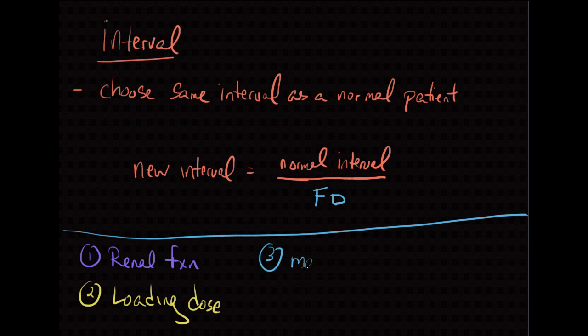And to do that, we had an intermediate mathematical equation. And that was the fraction of the loading dose. That's right here, fraction of the loading dose. And then the last thing we did was calculate a new interval if we so desired. And this is the general gist of how to dose a drug for a patient who has CKD or ESRD. Thank you very much.